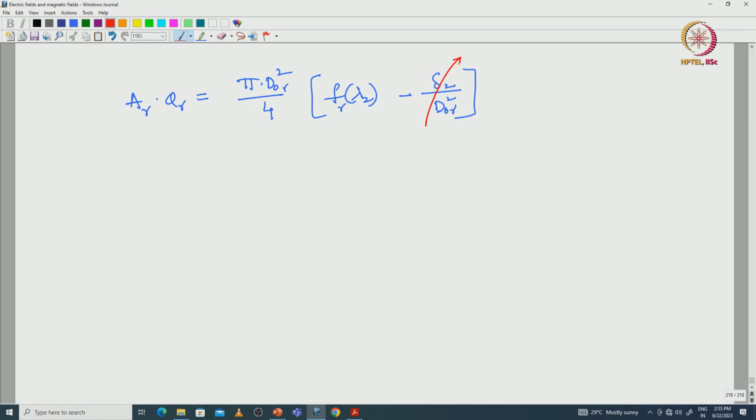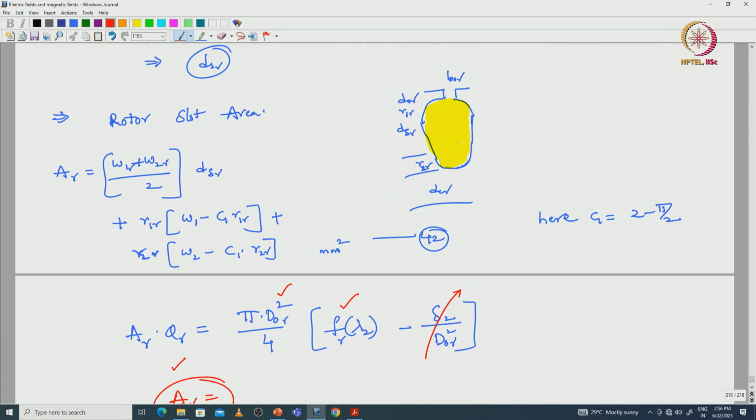We can neglect this term and we can find the slot area by knowing the number of slots, outer diameter of the rotor and copper function. AR from this equation also we can find. Otherwise, we can go ahead with equation number 42.